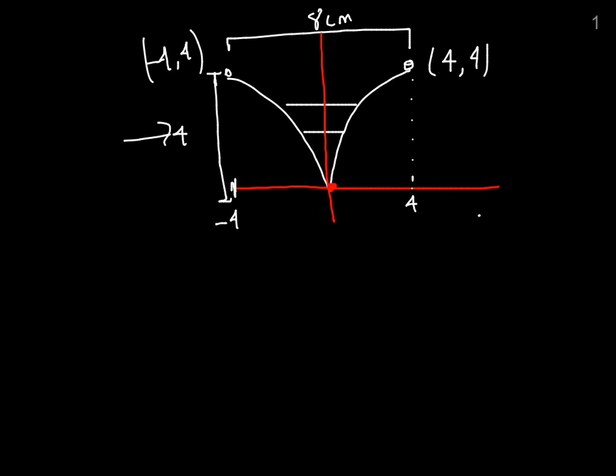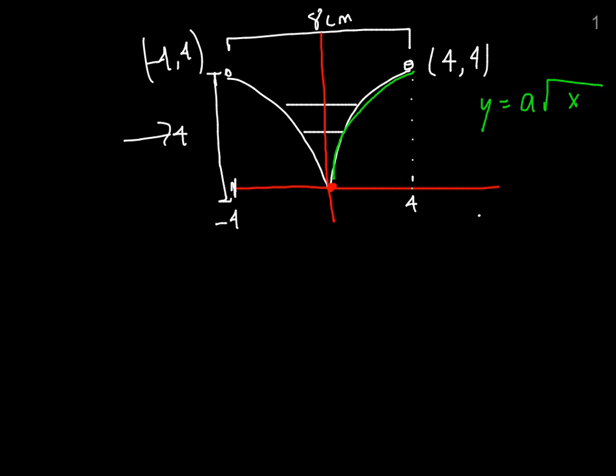I'll write the rule in green. Since the function over here on the right-hand side is going this way, we know that the b is going to be positive. So I'm going to write positive 1 under the square root. So what I have is y equals a times the square root of positive 1 times x. h and k are 0, so I'm not going to write them.